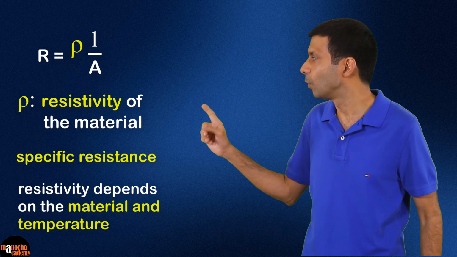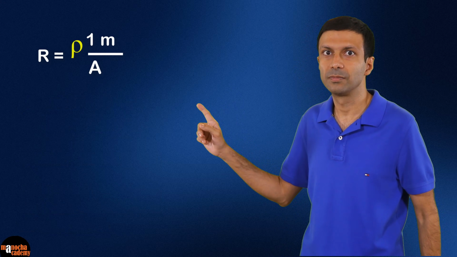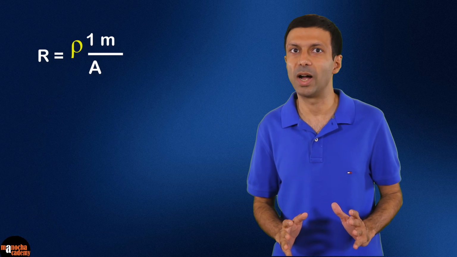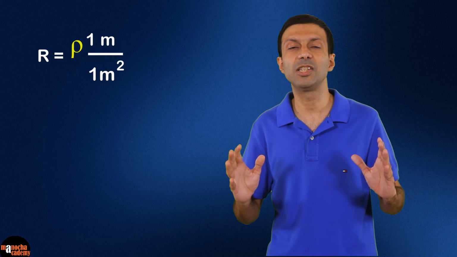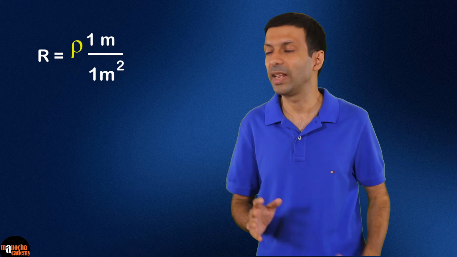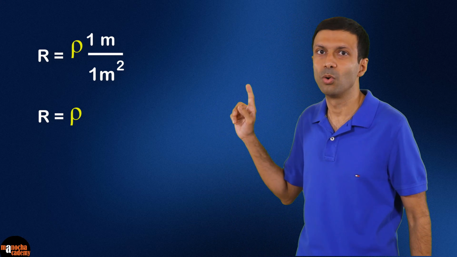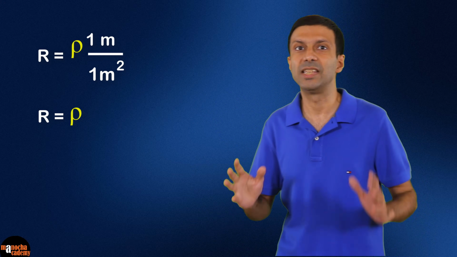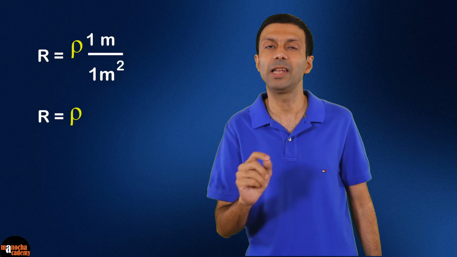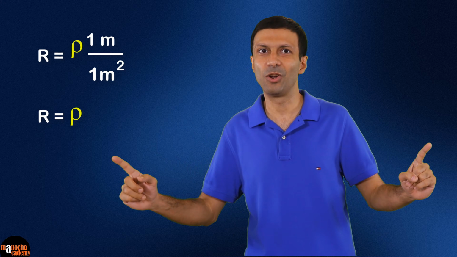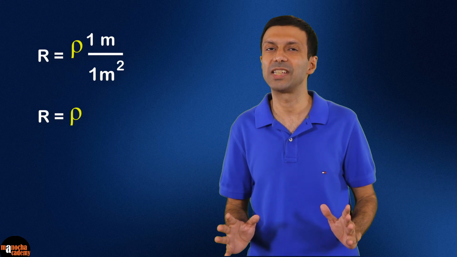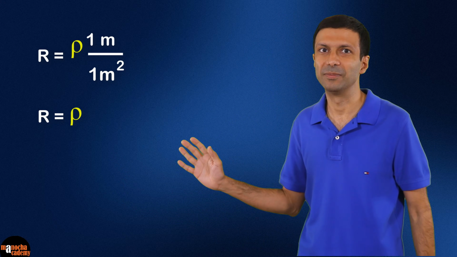Let's take the length of the wire as 1 meter and the area of cross section of the wire as 1 meter square. So if we substitute these values into the equation, we get R equal to rho. So resistivity is numerically equal to the resistance of a wire that is 1 meter long and has an area of cross section of 1 meter square.